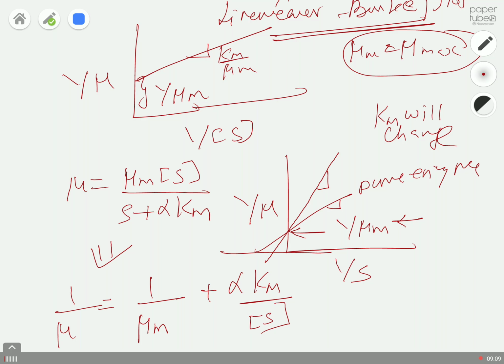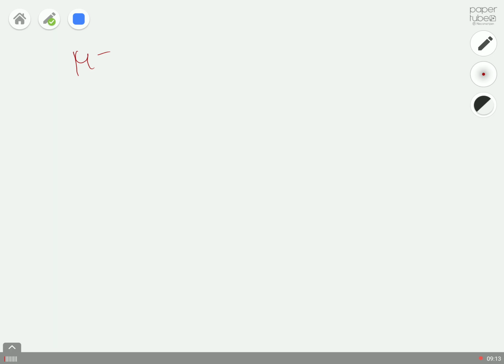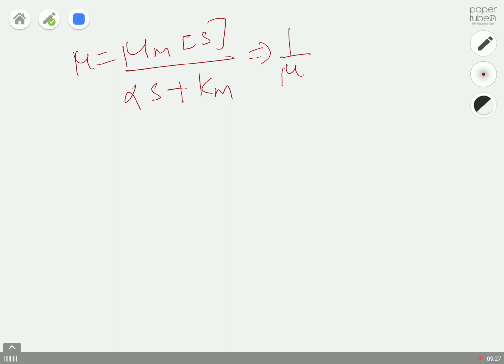And then if you are going to deal with the uncompetitive inhibitor, the expression you will use is mu m s over alpha s plus Km. So if you linearize this, it will be equal to 1 by mu equals alpha by mu m plus Km by mu m s. So this is a plus symbol, that's your alpha here.